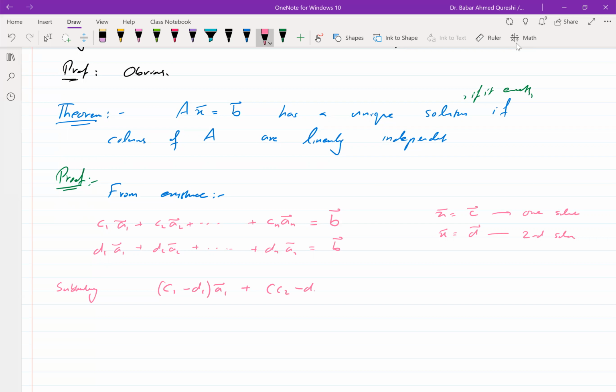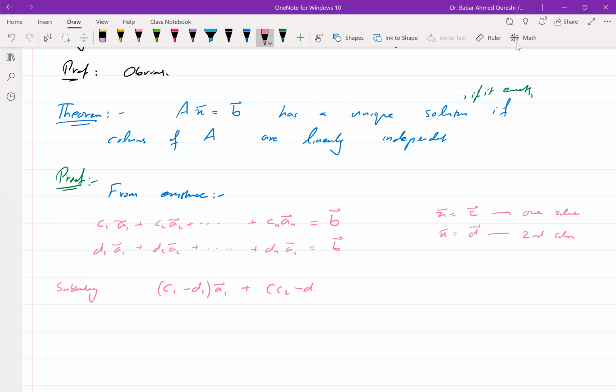But I know that if n is less than m, I have fewer vectors than the dimension of the space which I am spanning. I cannot just do it. Less than m vectors cannot generate the space. So I have to have n at least equal to m or more than m.